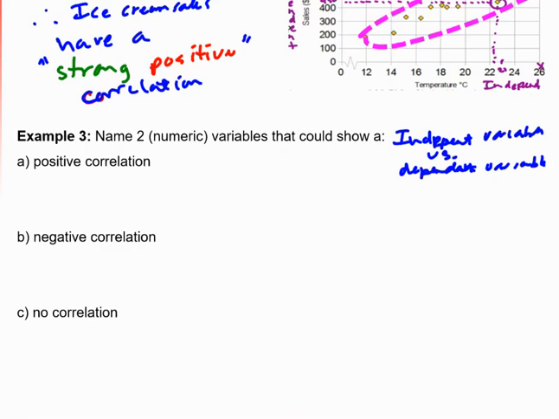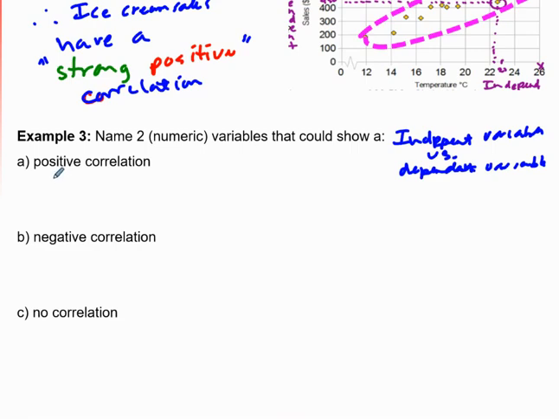So, I have an example here. Let's say the popularity of an athlete and the sales of their shoe. Which one depends on the other? Well, the shoe sales depend on the popularity.